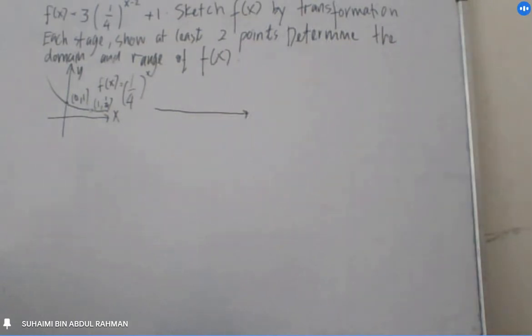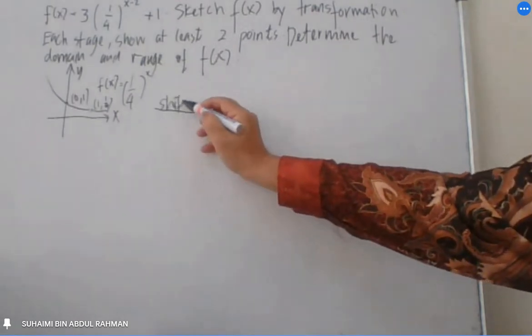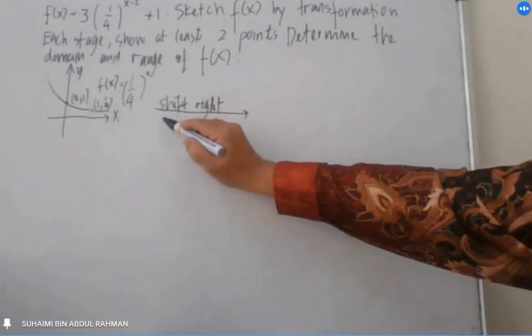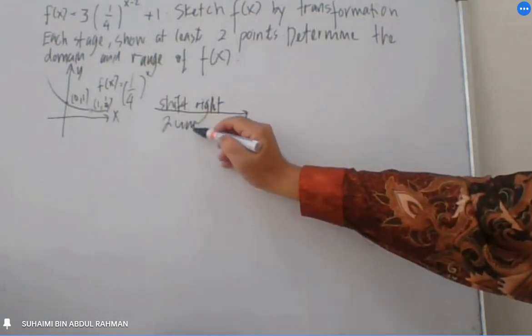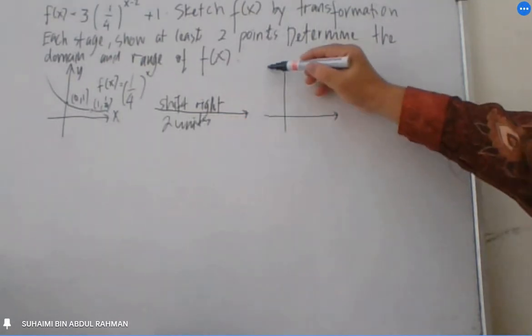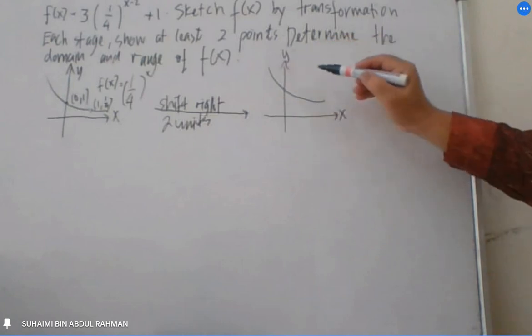Which one do we have to do first? Horizontal shift. Shift to where? To the right. Shift right. How many units? 2 units. Therefore, our graph, the shape is the same.